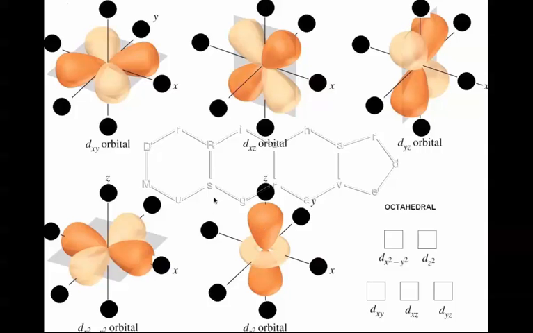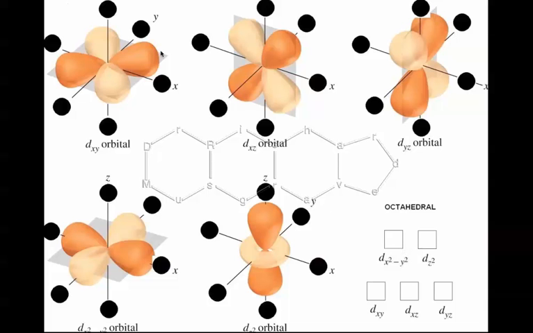Now these black things that are coming in, since we're making an octahedral type arrangement, these are the 6 ligands that are actually attacking the metal, and they're attacking along the x, y, and z axes. Now because these orbitals actually contain electrons, and these ligands are going to be negatively charged, these are going to interact with the negative charges, and these are going to be of higher energy.